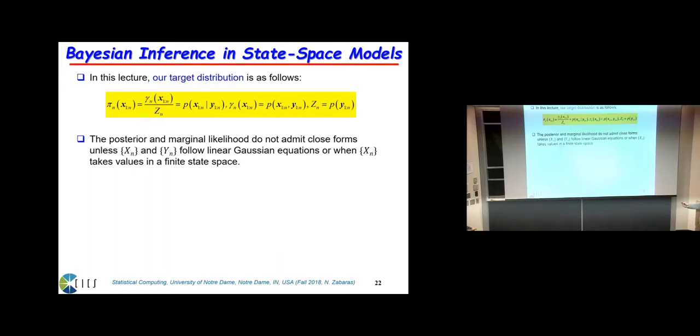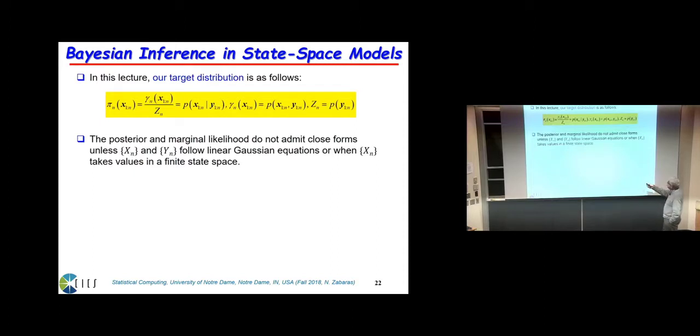This is the posterior of all the states given the data up to time n. And I write this as the unnormalized posterior, which I denote here as gamma, divided by the normalization factor. The normalization factor is the probability of the data that I had on the previous slide, and the unnormalized term in the posterior is again the joint. There's nothing different from the previous slide.